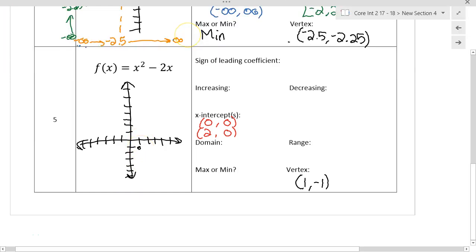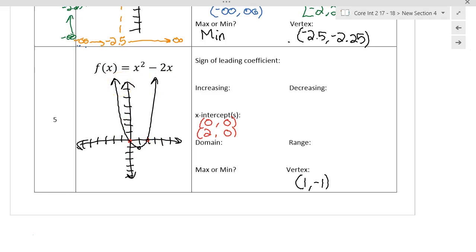And my x-intercepts are at (0, 0) and (2, 0). And I'm just going to draw my graph. It looks like a smile. And I can start answering these questions. The sign of the leading coefficient is positive. And it's happy. It looks like a smiley face.